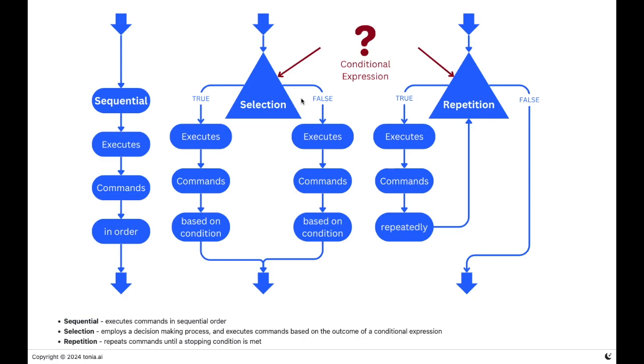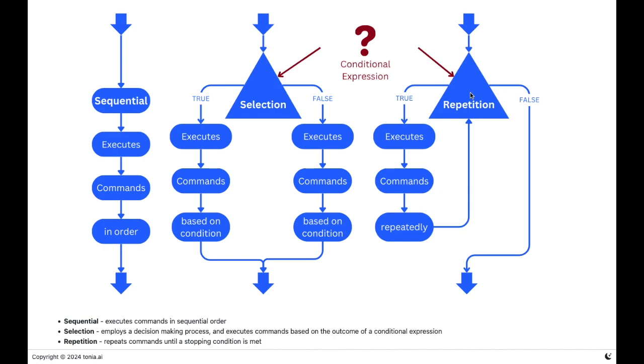If the expression evaluates to false, then a different sequence of commands can be executed, and the code continues from there. For repetition, if the conditional expression evaluates to true, we execute one or more commands, and then we go back and ask again.